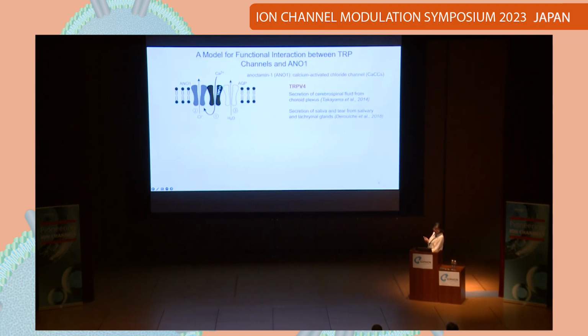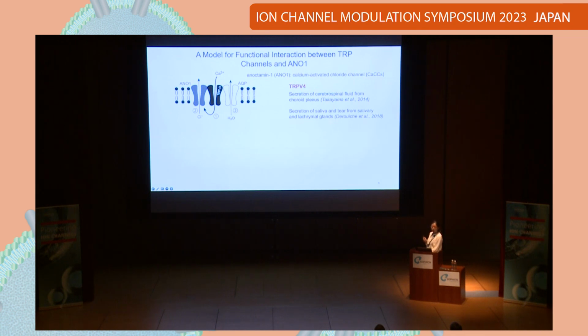ANO1 is a calcium-activated chloride channel, which controls multiple functions, including neuron excitation, muscle contraction, cell migration, and volume regulation. We've previously reviewed an interaction model between ANO1 and several TRP channels.